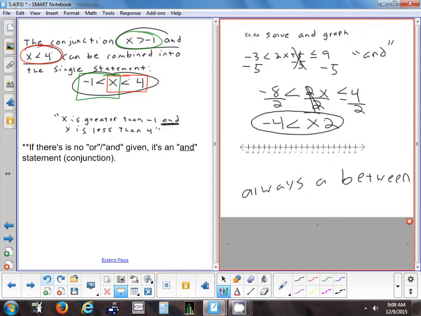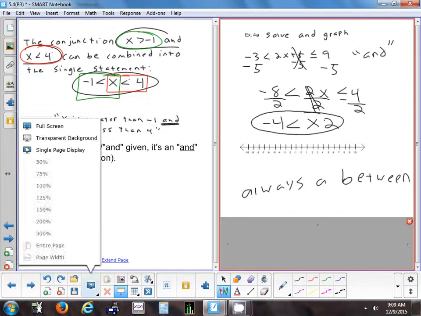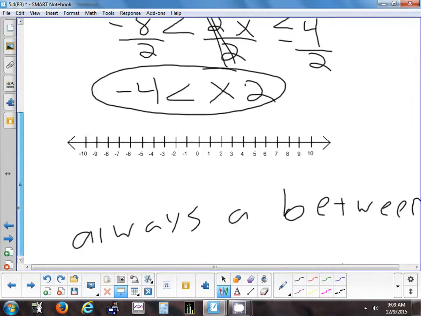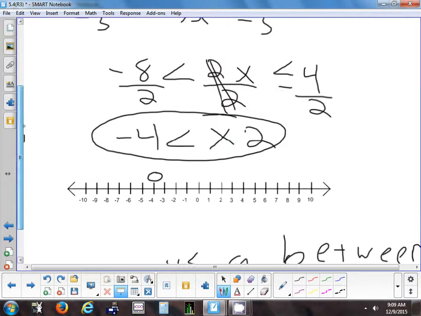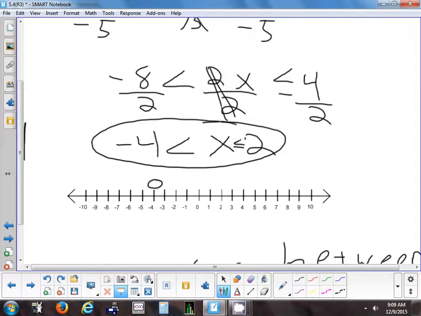So what kind of circle on negative 4? Open. What kind of circle on 2? Closed. And what did I just say to do with the 2 dots? Connect them. So for this type, you always connect them.